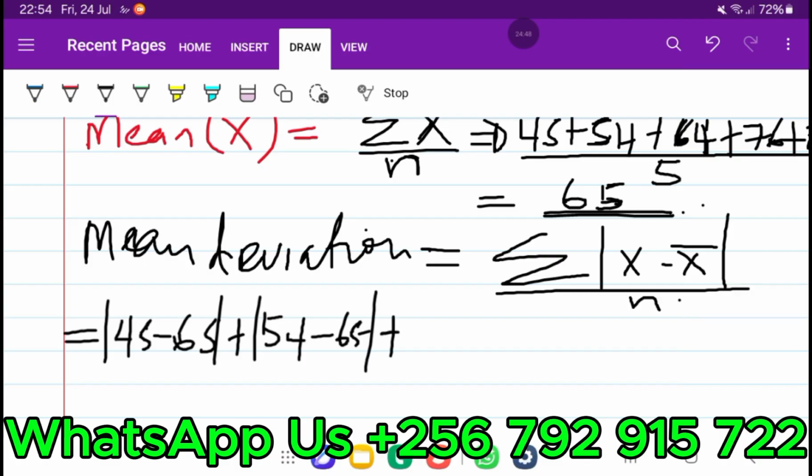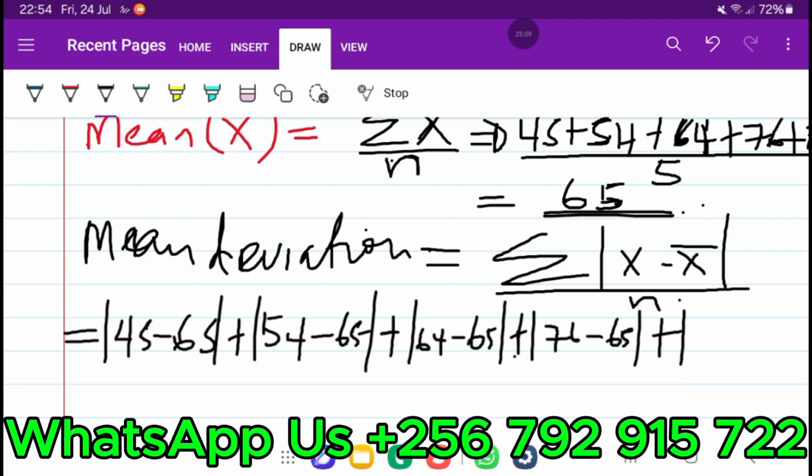Plus the absolute of 64 minus 65, then plus the absolute of 76 minus 65, plus the absolute of 86, that's the last number, minus 65.